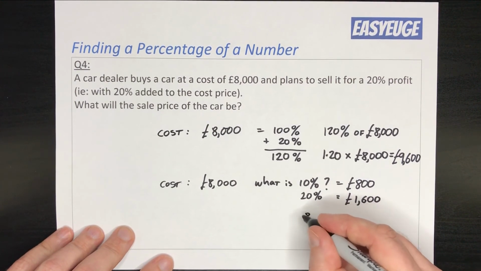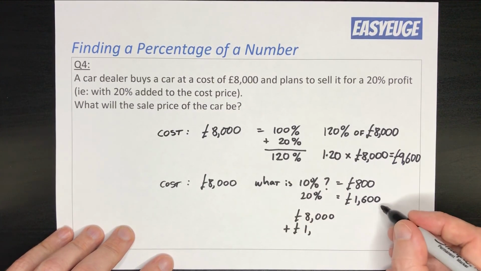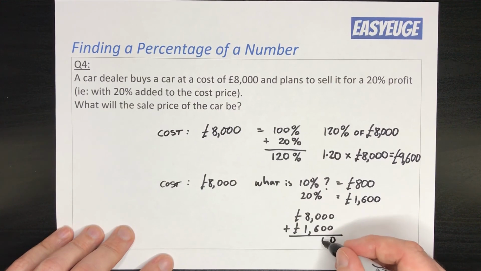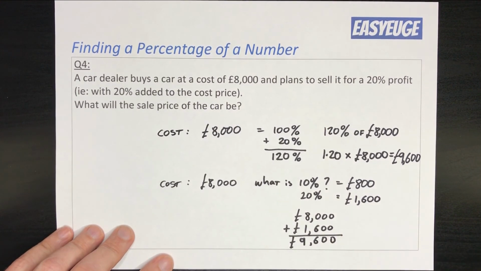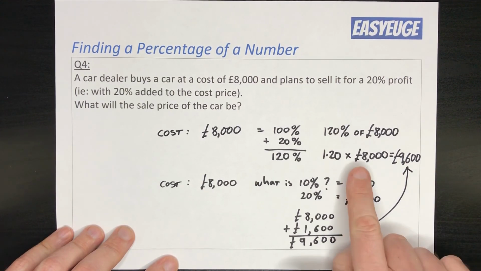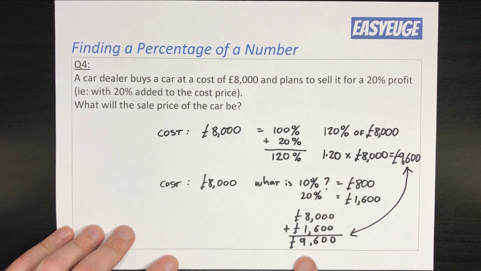So now we have an addition question, so that's £8,000, add on the 20%, which is 1,600, and this all adds up to 9,600. So the two answers are the same. So again, we worked out the solution very handily with the decimal method, and we also worked this one out using our trick of finding what 10% is. That helped us to work out the 20%, and we added the 1,600 onto the 8,000.